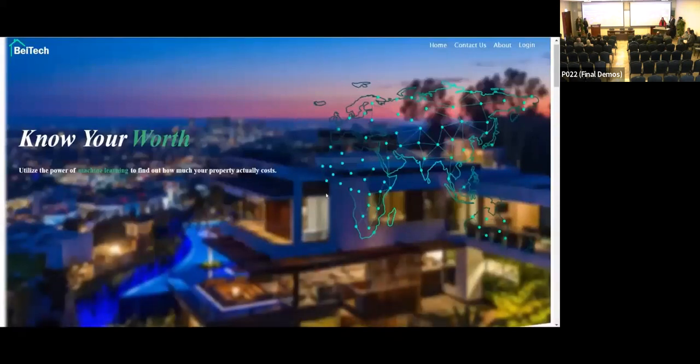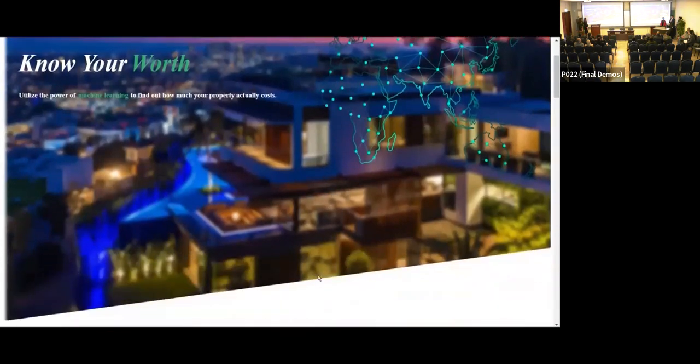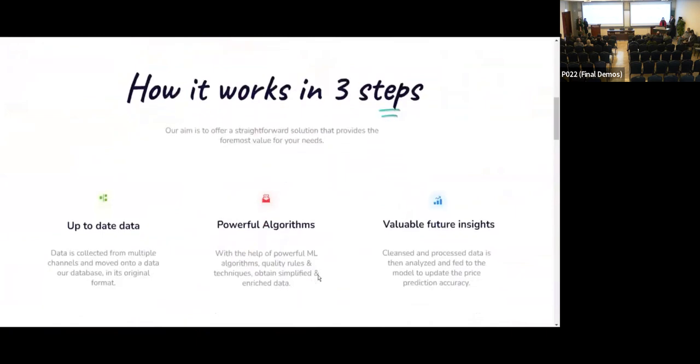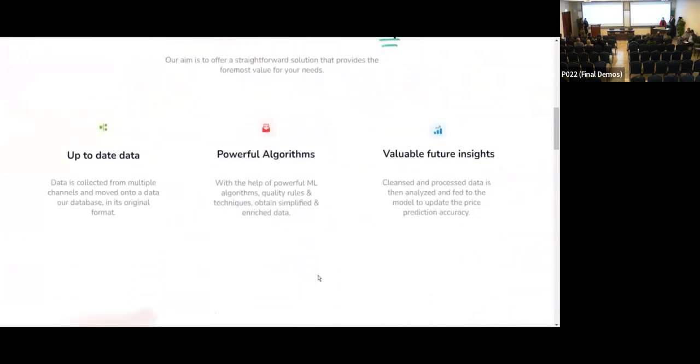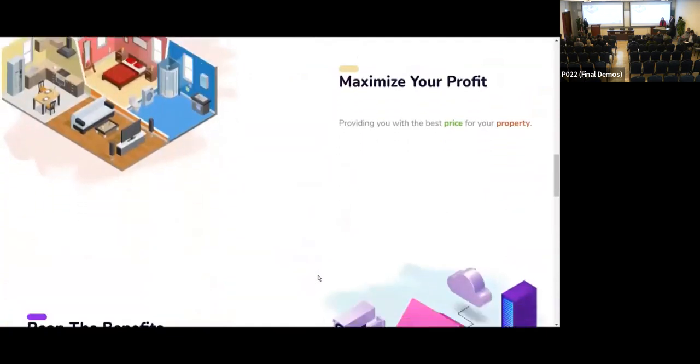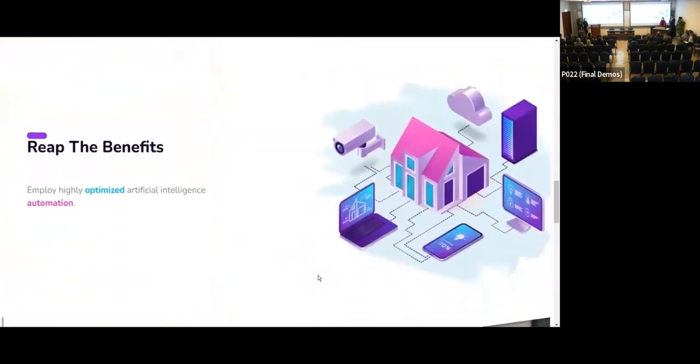This is our homepage. This is the first thing that comes up when you open our website. As you can see, we have a few descriptions to show what our product can offer: maximizing your profit, reaping the benefits.